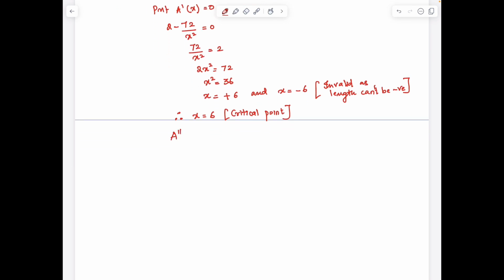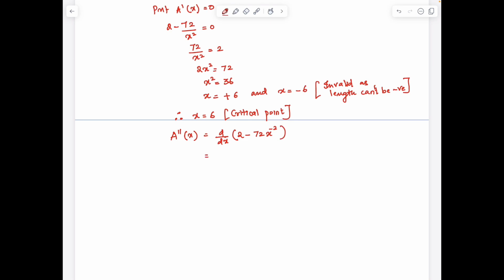Differentiating this A dash of x again, we get d by dx of 2 minus 72 into x power minus 2.